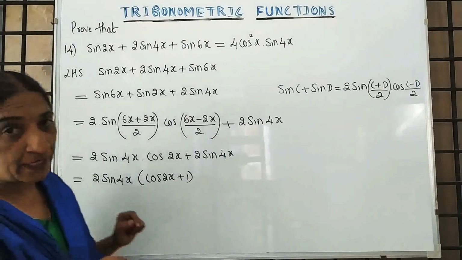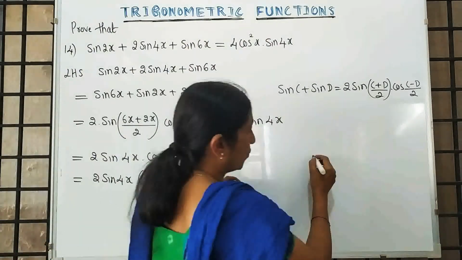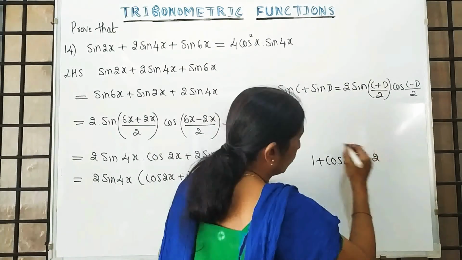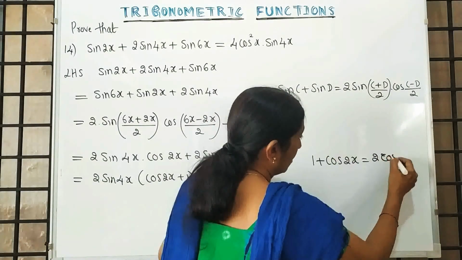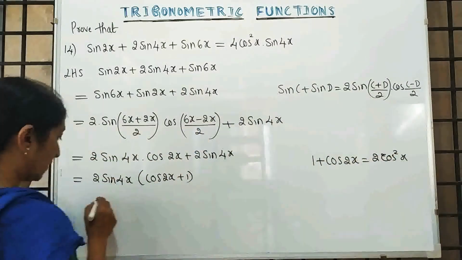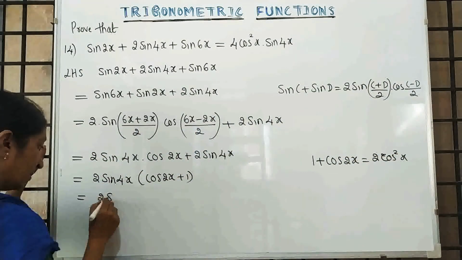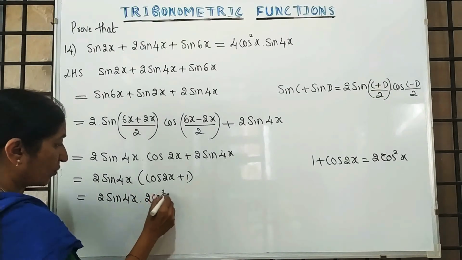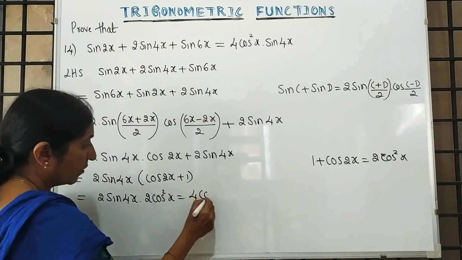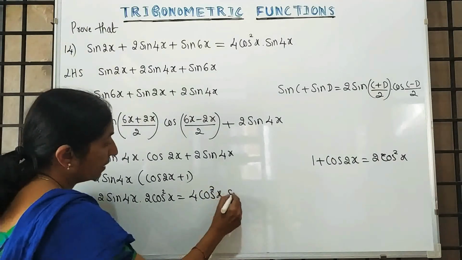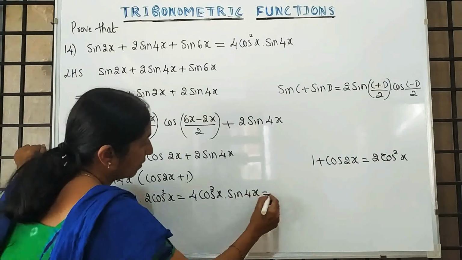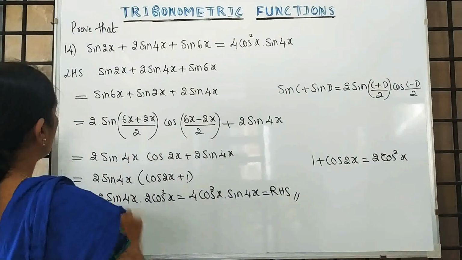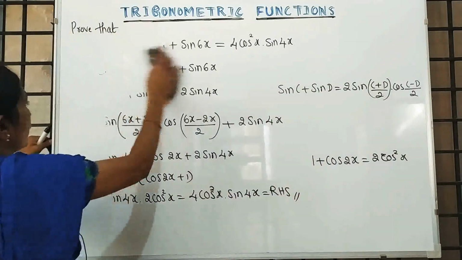And when I was explaining multiples and submultiples, I told you one important formula. 1 plus cos 2x, or cos 2x plus 1, is 2 cos square x. This is 2 sin 4x into 2 cos square x. Finally, we got 4 cos square x into sin 4x. That is RHS. Moving to the next example, 15th one.